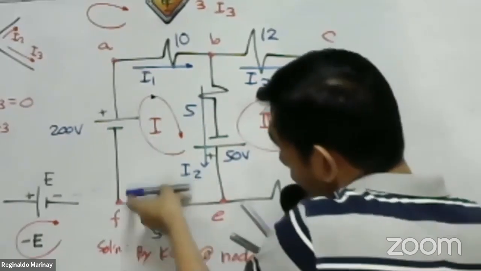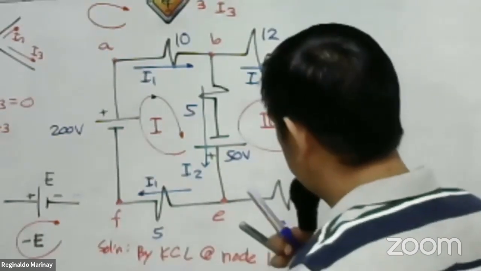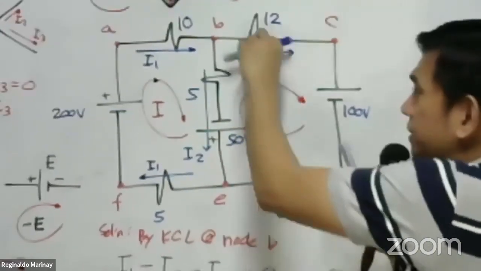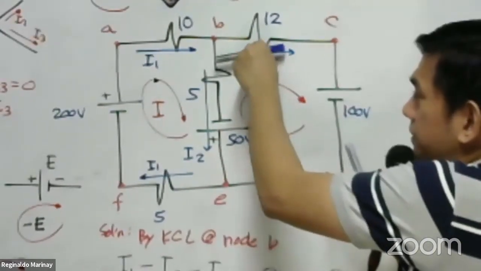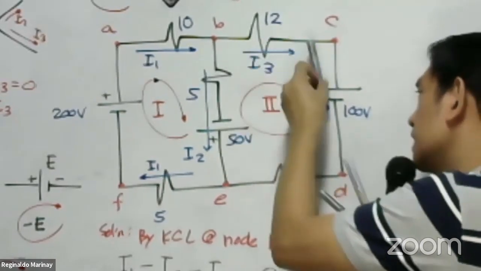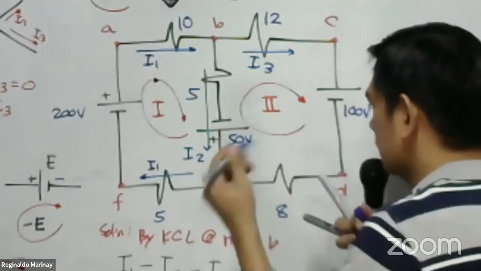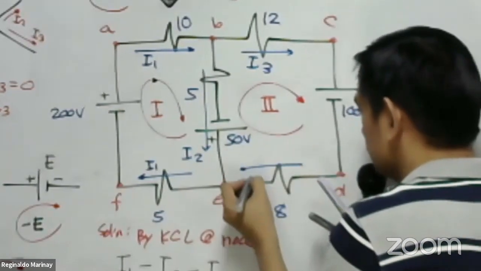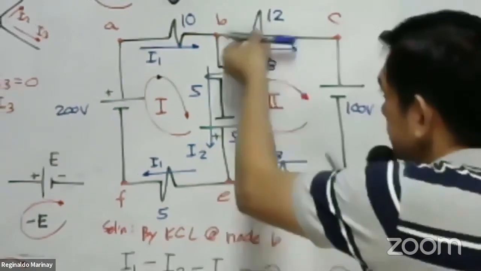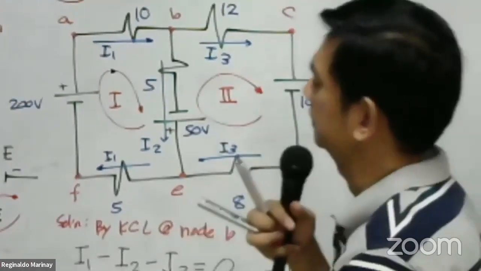So this is also our I sub 1. Take a look here for our I3. This is our I3. Let us trace this. Of course, only one direction flowing, I3. And what is the current flowing in the 8 ohm resistor? Of course, that is also I3. Okay, got it?